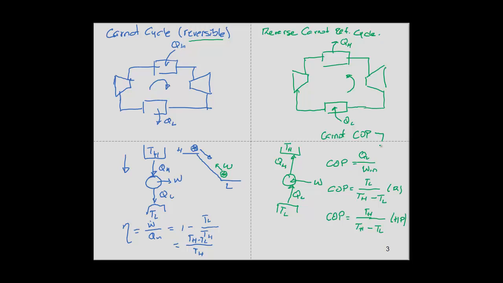This is the best that we can get, but we can never get it. So the same problems that we have with the Rankine cycle.